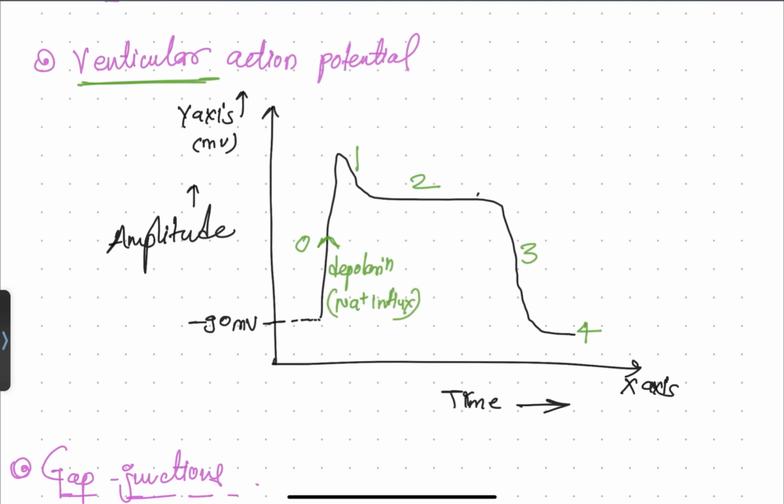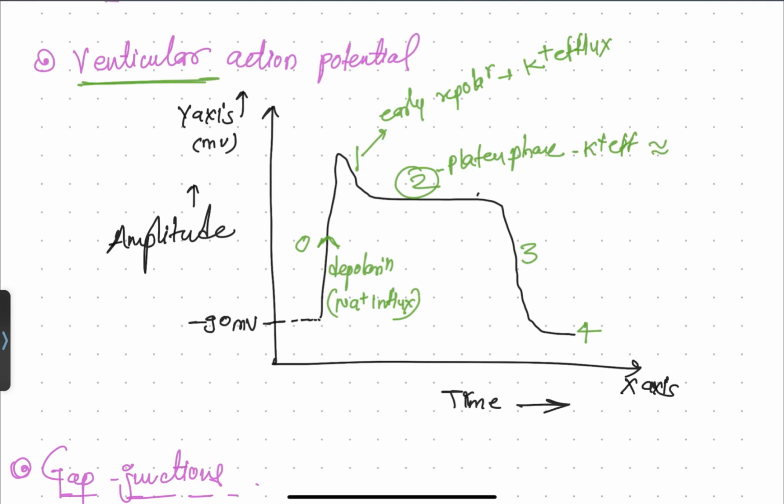Then what we have, one is the early repolarization phase. Okay, early repolarization phase, and this is due to the potassium efflux. Then we have the second, that is the plateau phase. Plateau phase, this is due to the potassium efflux being balanced by the calcium channel influx.